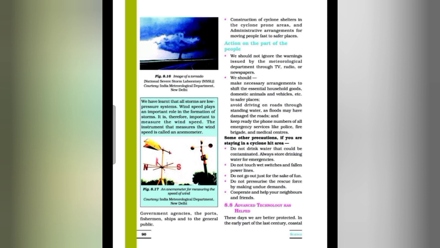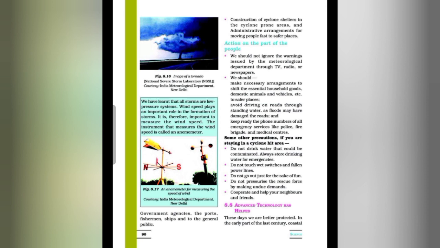An efficient cyclone forecast and warning service must be established, and rapid communication of warning to the concerned government agencies, the ports, fishermen, ships, and to the general public living in the coastal areas through radio, television, newspaper, and other means.